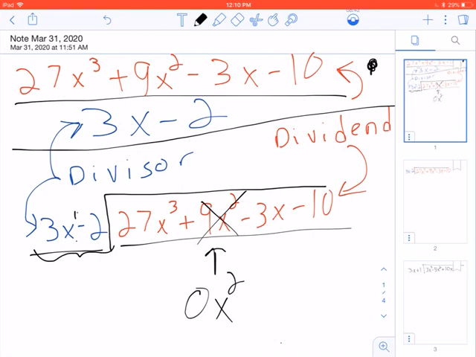So if this was just 27x cubed minus 3x minus 10, in order to get the question correct, I actually need to put in a placeholder, a 0x squared. If there are no x squared terms, I need to put in a 0x squared term as a placeholder in order for the division algorithm to work correctly. But we will explore that more tomorrow.